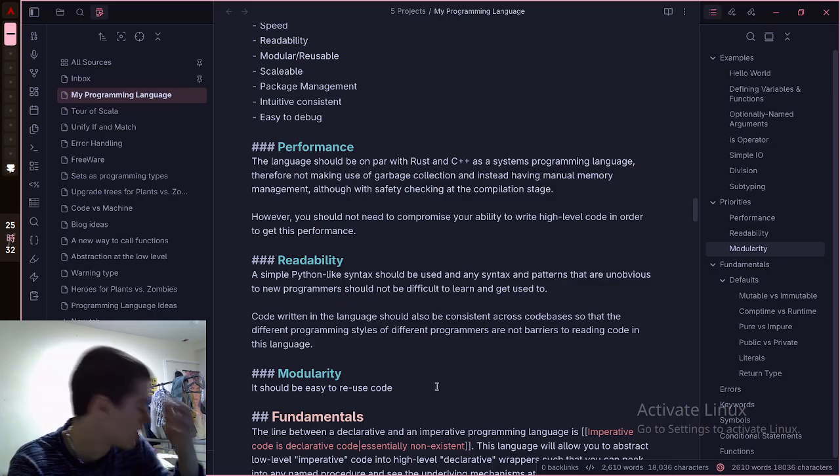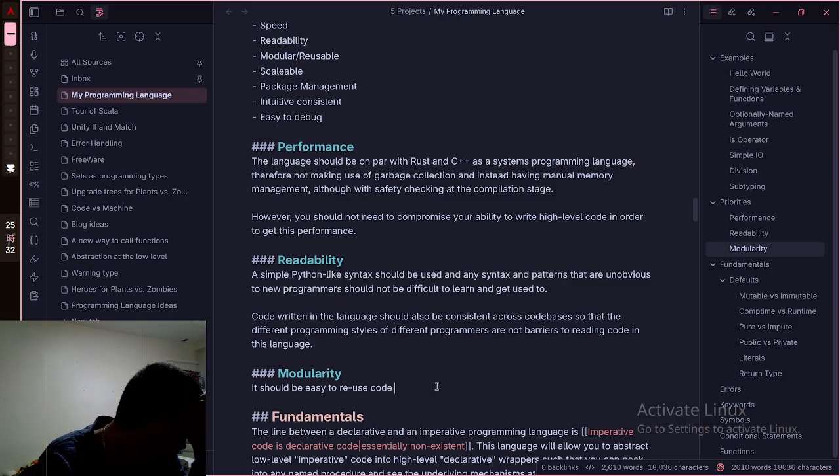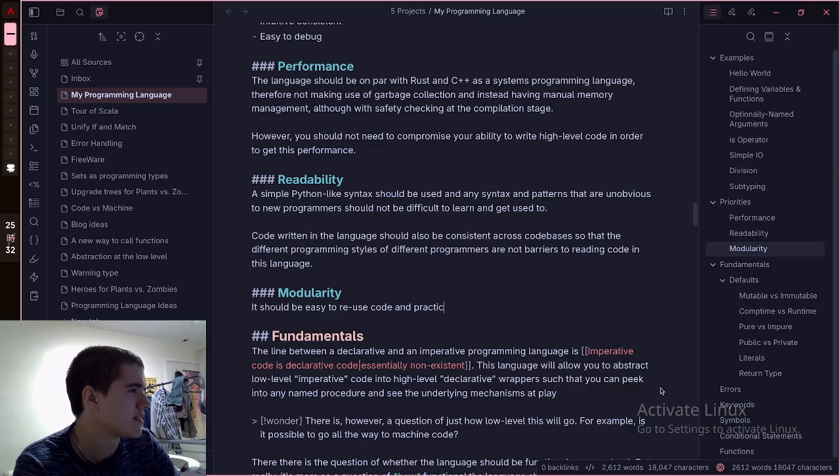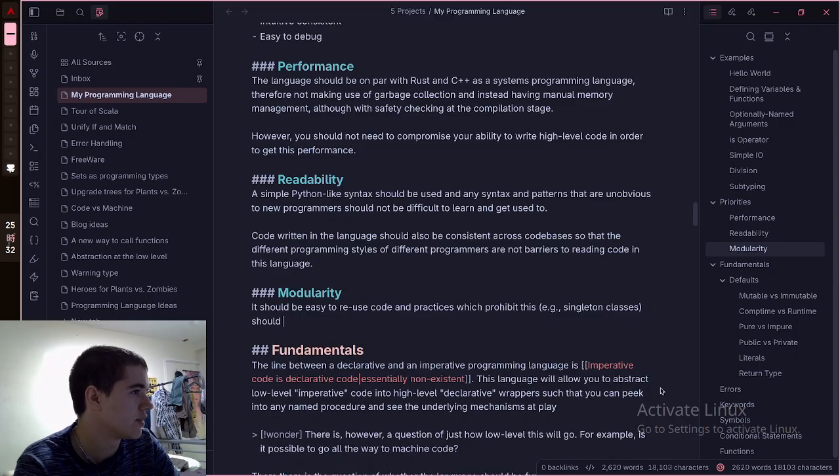It should be easy to reuse code, and practices which prohibit this, e.g. singleton classes, should not be included in the language.